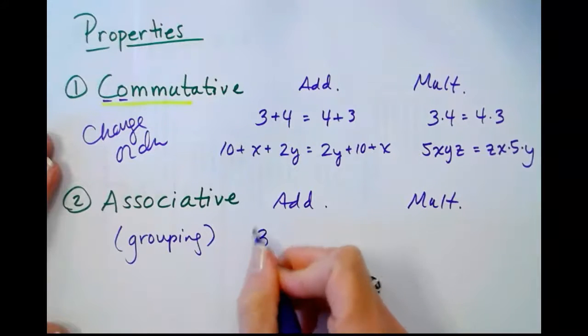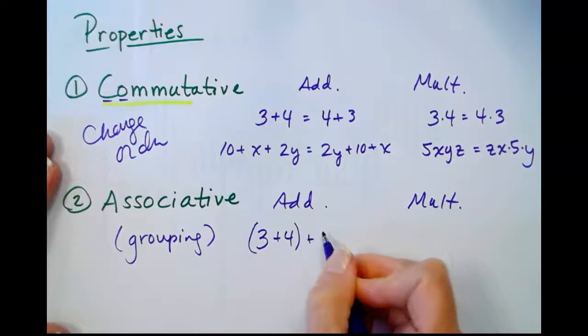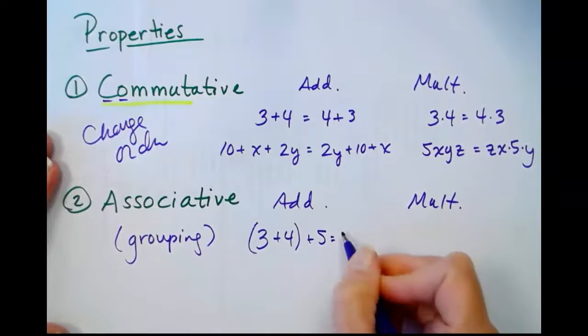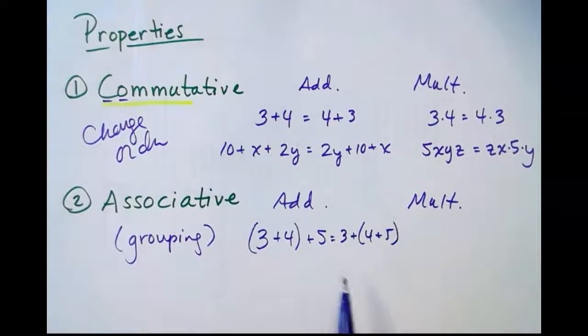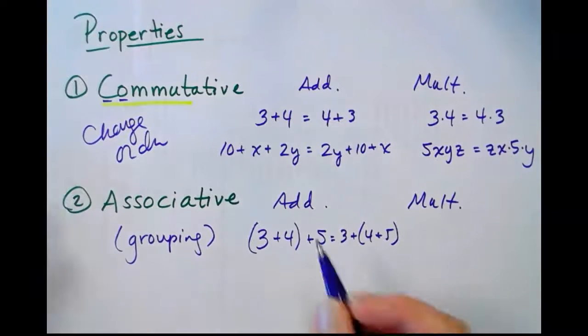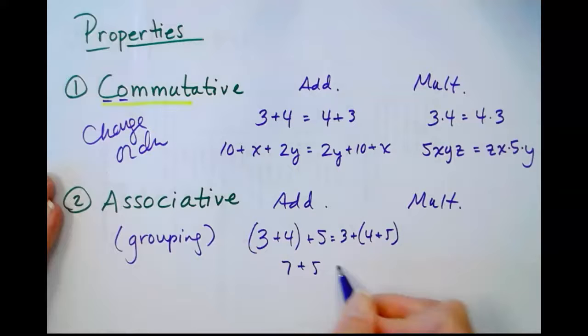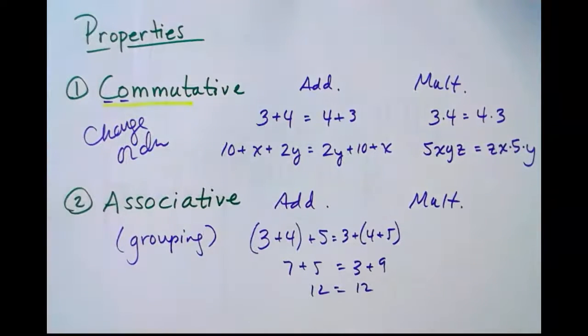So this time we'll go with 3 plus 4 plus 5 is equal to 3 plus 4 plus 5. Even though the order is maintained, 3, 4, 5, 3, 4, 5, the groupings are changed, and thus this would be 7 plus 5, this would be 3 plus 9, 12 equals 12. So we can change the groupings and we still get the same sum.